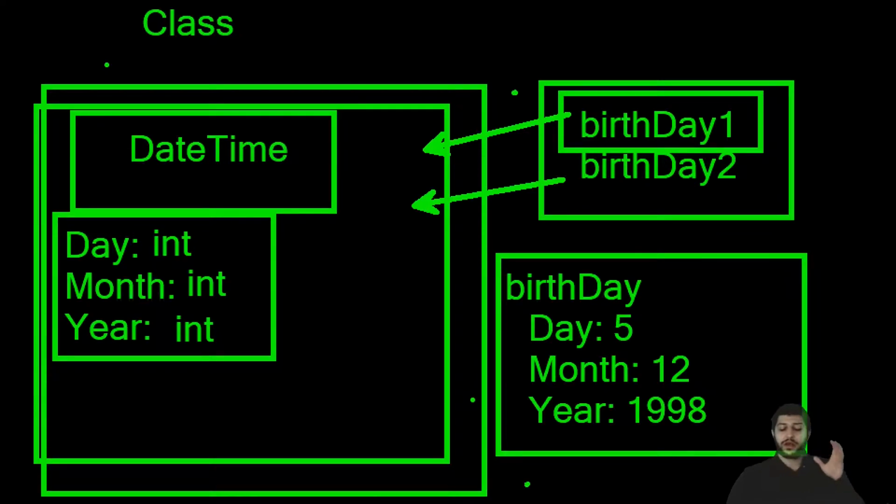Okay, so this is a concrete representation of a class. It's an object of type DateTime, and it's an object of type DateTime because it conforms to all the rules that are written inside this template we call class DateTime.